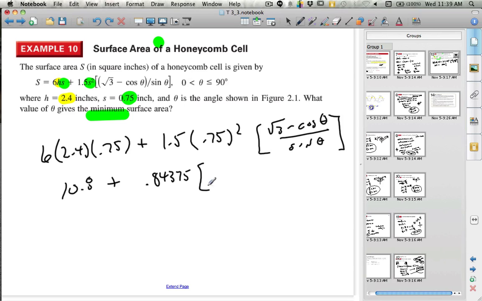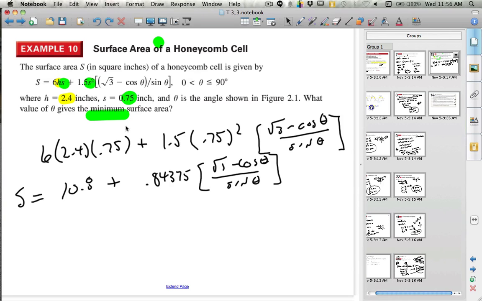And then I've got this thing over here, this radical 3 minus cosine of theta divided by sine of theta. And I have to figure out what am I going to do with that? How am I best going to be able to work with this particular problem? S is equal to this.